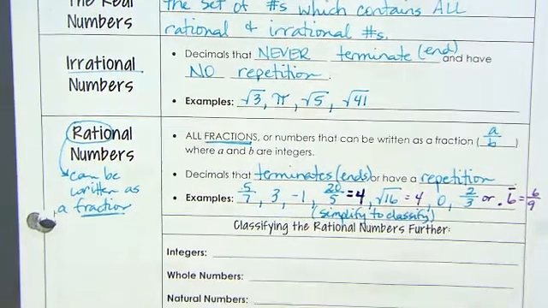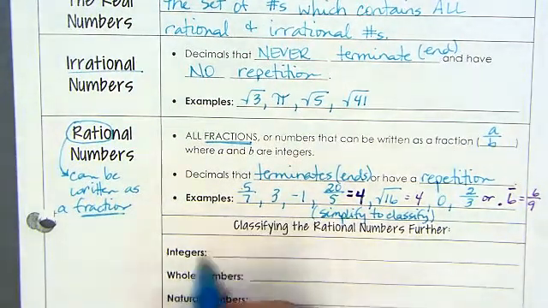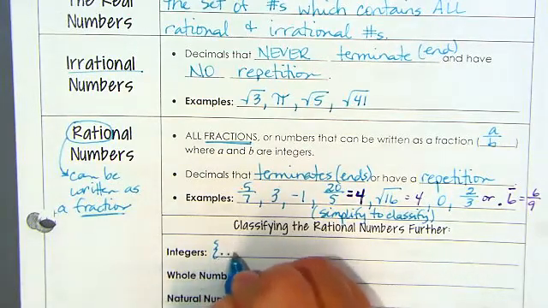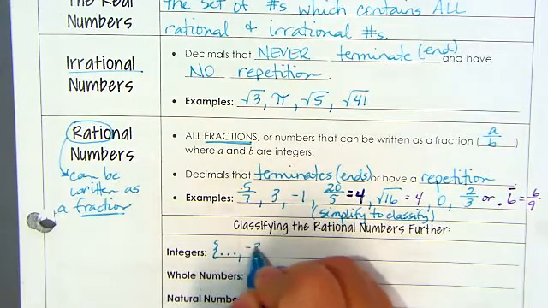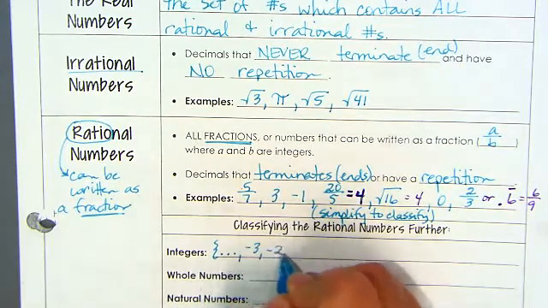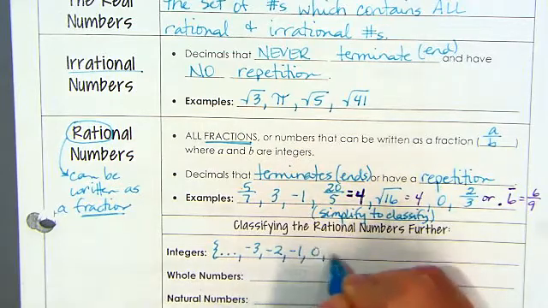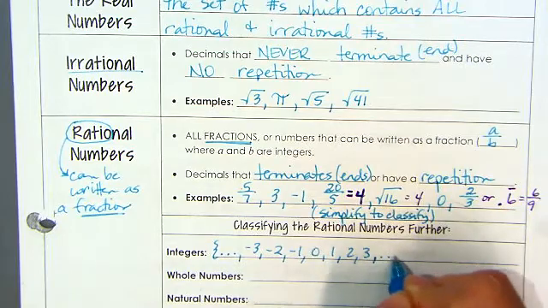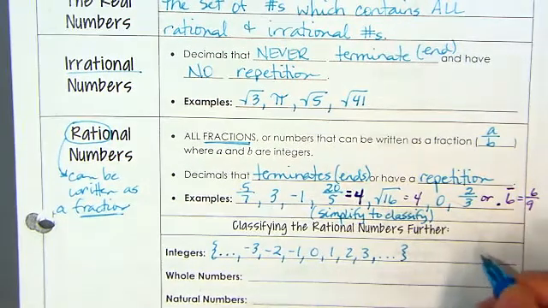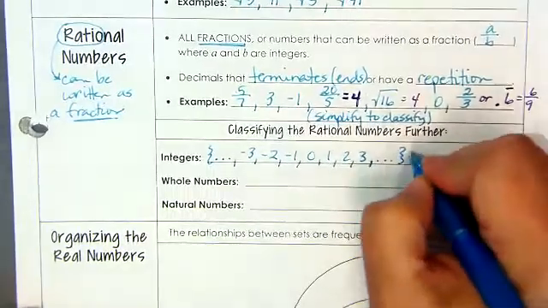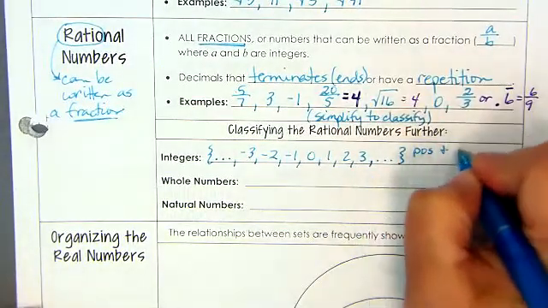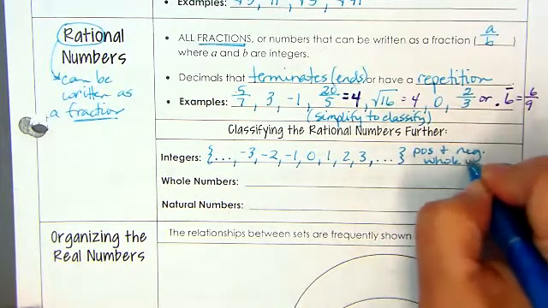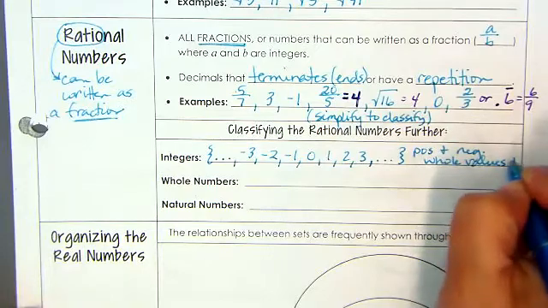Now we're going to be classifying. Integers, so we can remember: examples are ..., -3, -2, -1, 0, 1, 2, 3, .... I think of this as positive and negative whole values and 0.